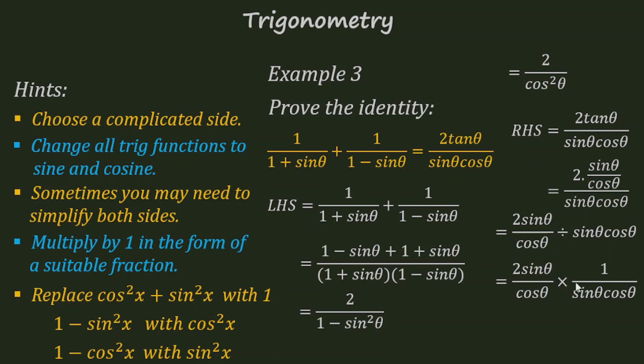In this case, sin theta and sin theta will cancel out. I'll be left with 2 times 1, which is 2, cos times cos, which is cos squared theta. So this will be 2 over cos squared theta. But this is equal to the left-hand side. So we managed to prove that the right-hand side equals the left-hand side.